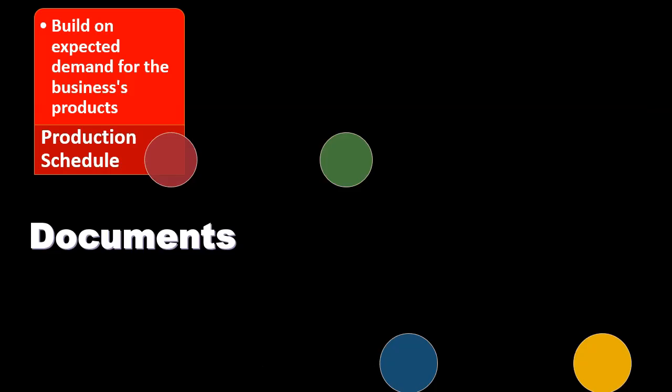Now we'll consider documentation with relation to inventory management, starting with the production schedule. The production schedule, of course, would be involved if we're in the production of the inventory. So we're considering the production process there. If we're in the purchasing and selling of inventory, then we wouldn't have the production type components, depending on the type of industry that we are in. We want to build an expected demand for the business's products.